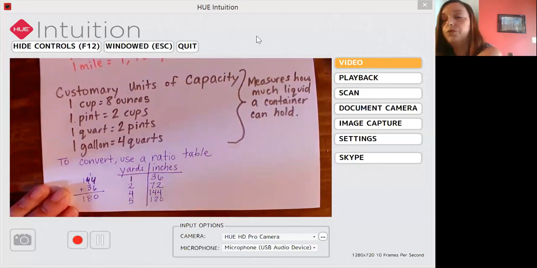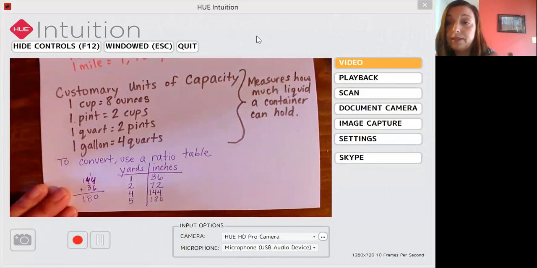I could continue going until I got the measurements that I want. Remember, we can always use the measurements in our ratio table that we've already found to either double or add together to find more ratios.